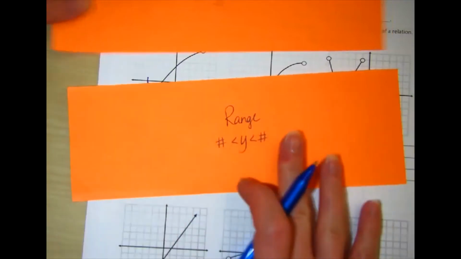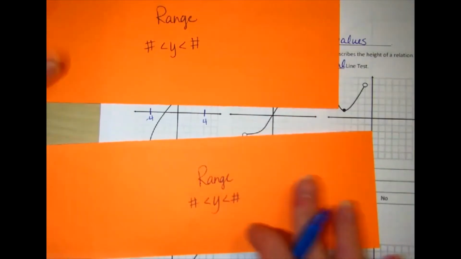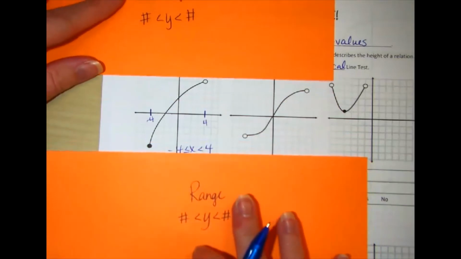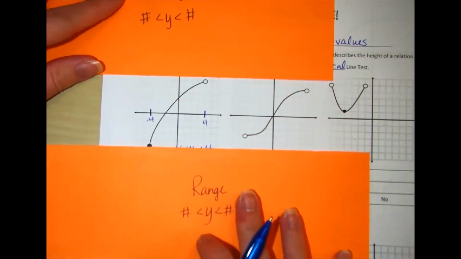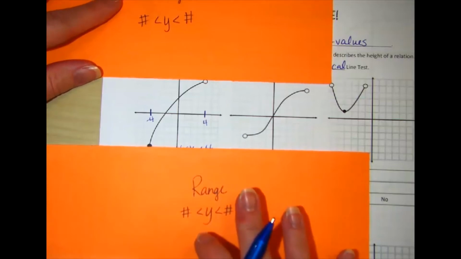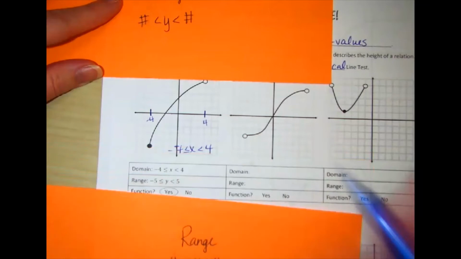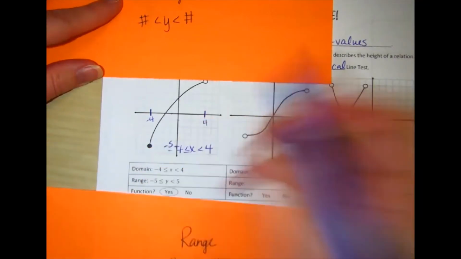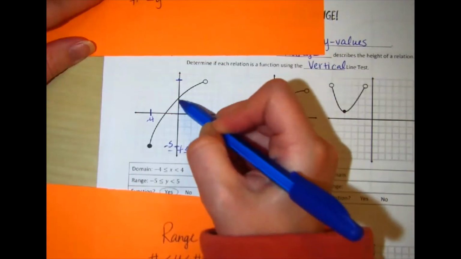All right, so to find the range of this function, I'm going to go from the top and the bottom and squeeze in until you touch the function. Here we go. So that is 1, 2, 3, 4, 5. That's negative 5. And this one is 1, 2, 3, 4.